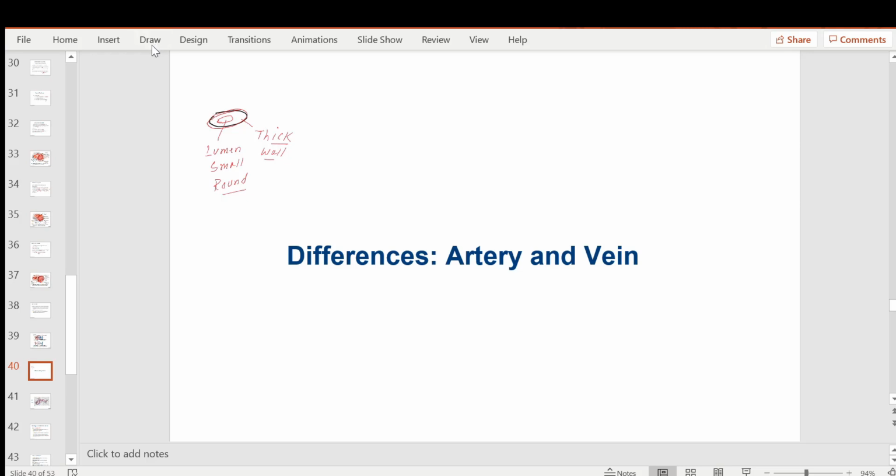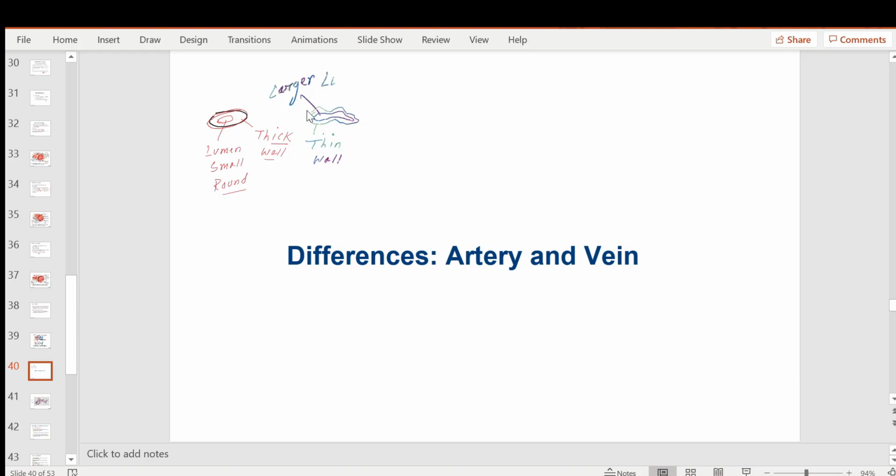Okay, and in case of vein, you'll see the wall is thin, and that's why the lumen is what? Larger. So thin wall, and lumen is what? Larger lumen.